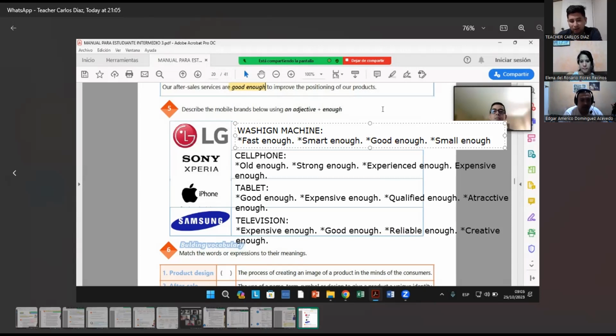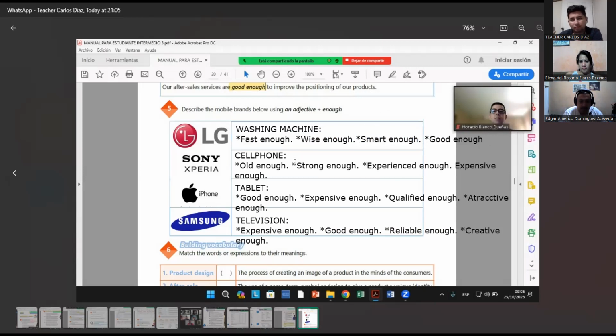For example, there is a new employee in the company, and you evaluate him. He is okay, but he's not good enough for the job. But if you consider the person meets the requirements and qualities, you say he is good enough.